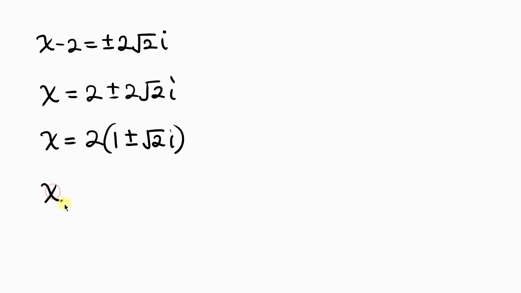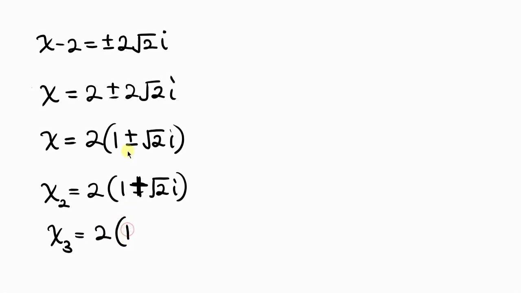So x, which is the second solution to x, is 2 times 1 plus the square root of 2i. Oh, sorry, I'm going to be taking the positive. Then the last solution is going to be 2 times 1, now go with the negative this time, minus the square root of 2i. So there are 3 solutions in which one is a real solution and these other 2 are complex solutions.